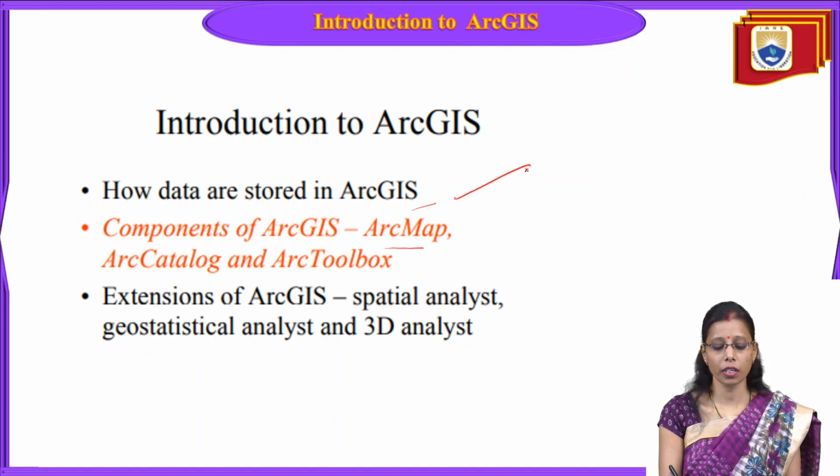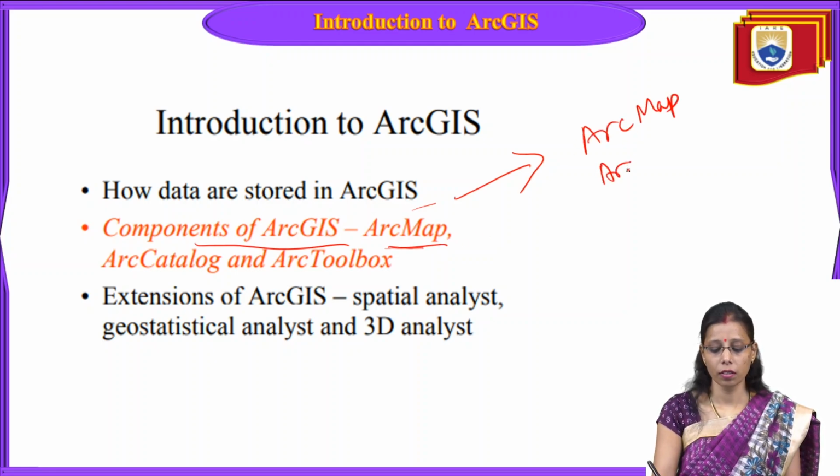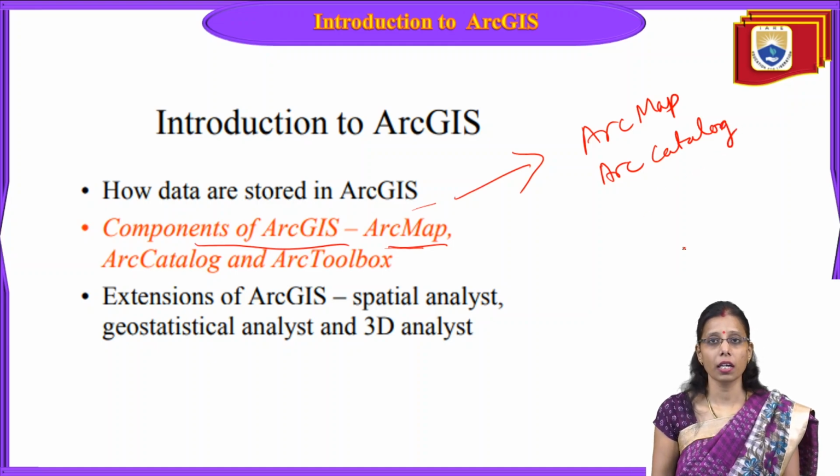So how is data stored in ArcGIS? ArcGIS has two components. We call them ArcMap and ArcCatalog. These are the two components of the ArcGIS software.